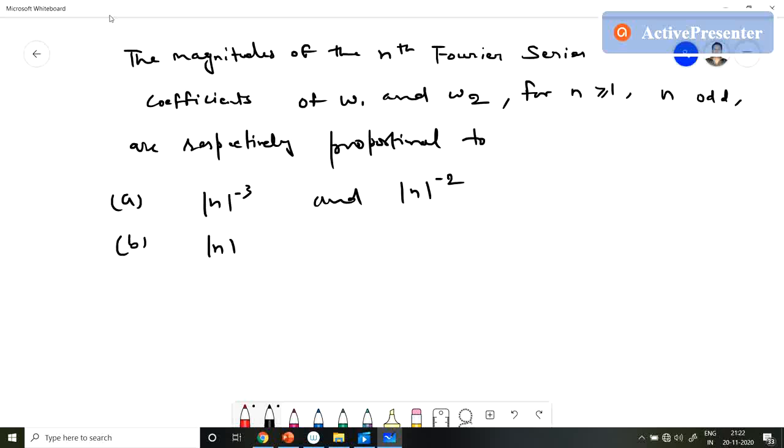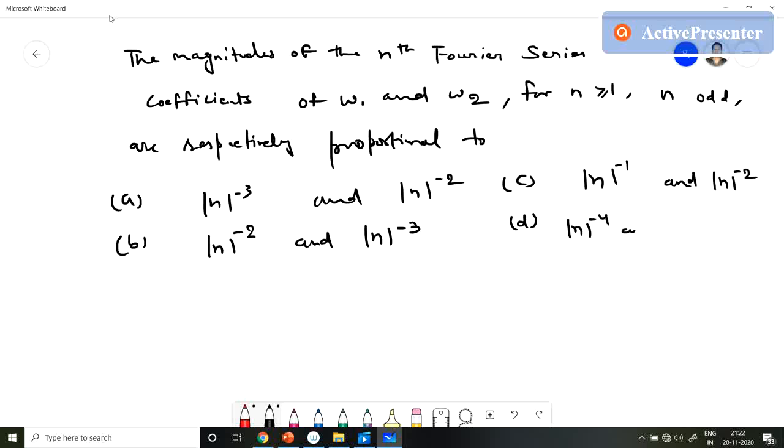Part B is modulus of n to the power minus 2 and modulus of n to the power minus 3. Part C is modulus of n to the power minus 1 and modulus of n to the power minus 2. Part D is modulus of n to the power minus 4 and modulus of n to the power minus 2.